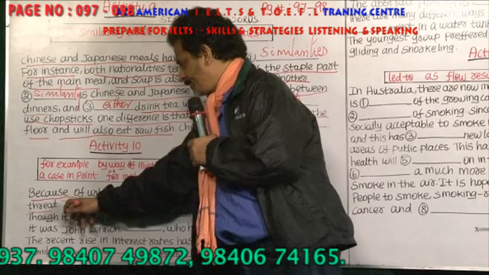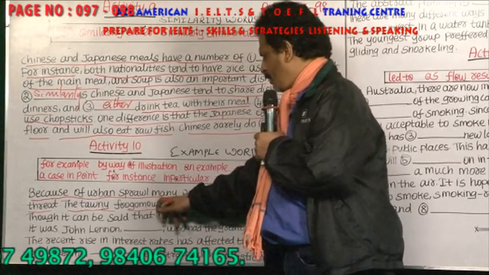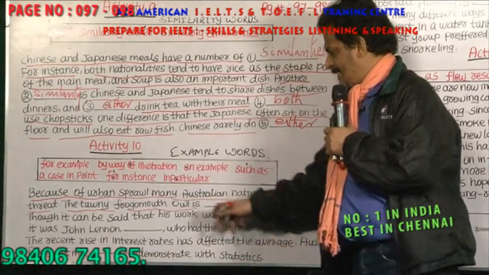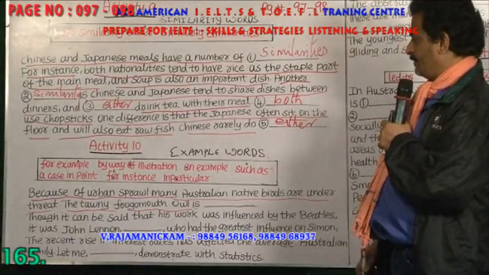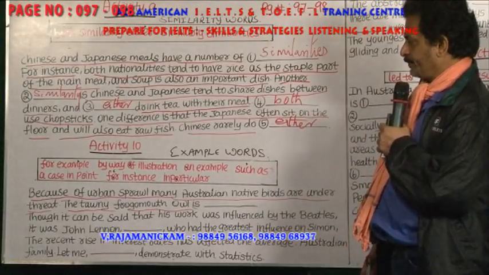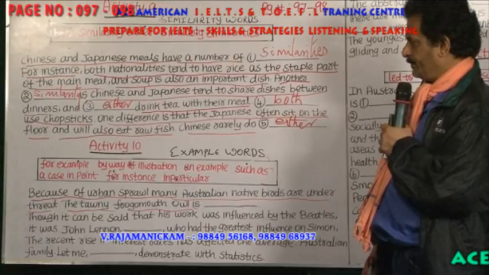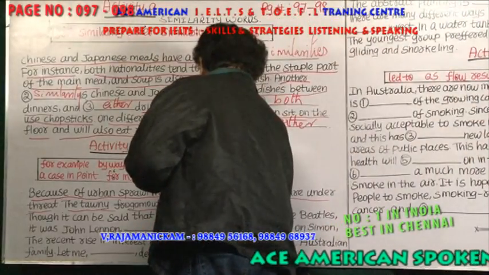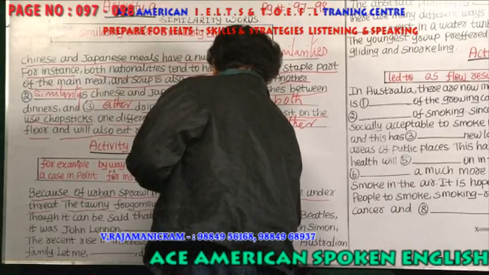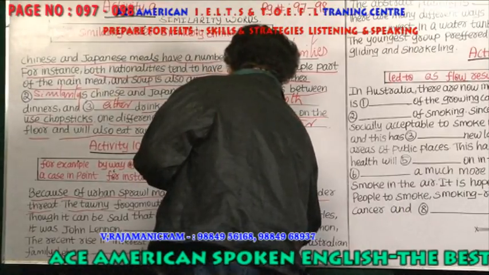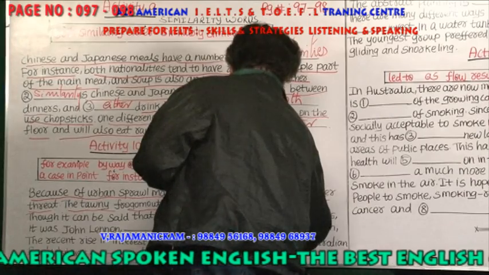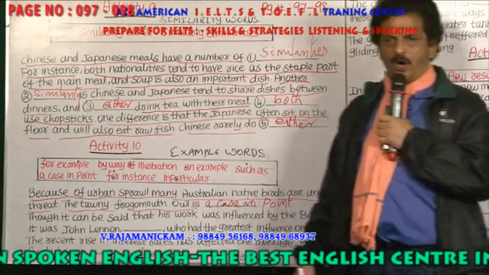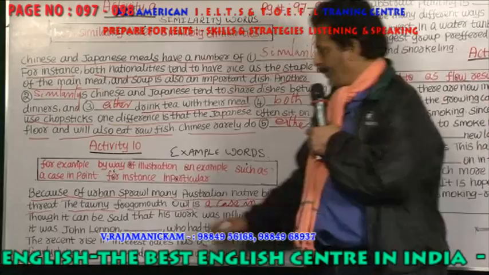The bird's name is tawny frogmouth owl, dash. What is the word you use? A case in point. So you are taking this bird as an example. A case in point.